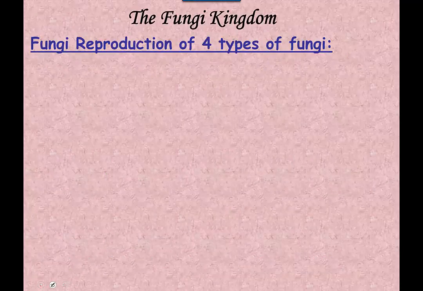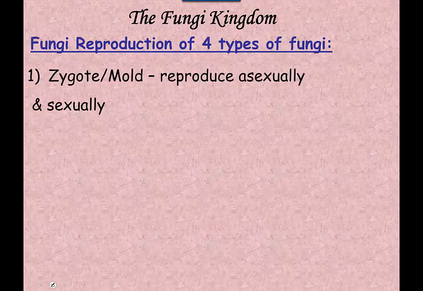So if we look at the reproduction of the 4 types of fungi, the zygote and mold fungi reproduce asexually and sexually. Most of the time they will reproduce asexually, where they'll have one cell and then it will split and become 2 smaller cells.